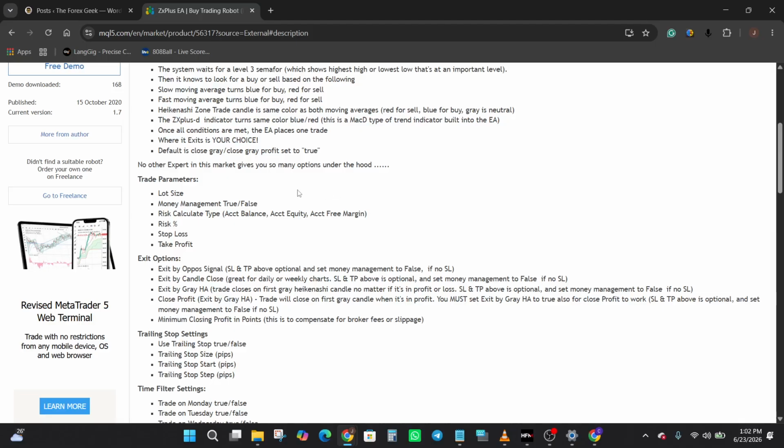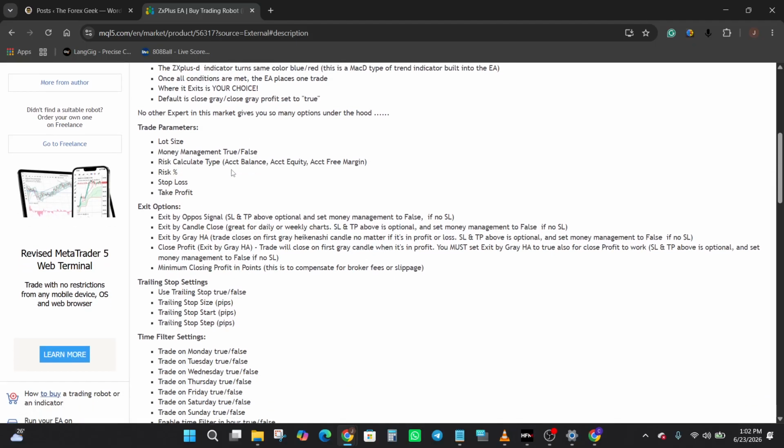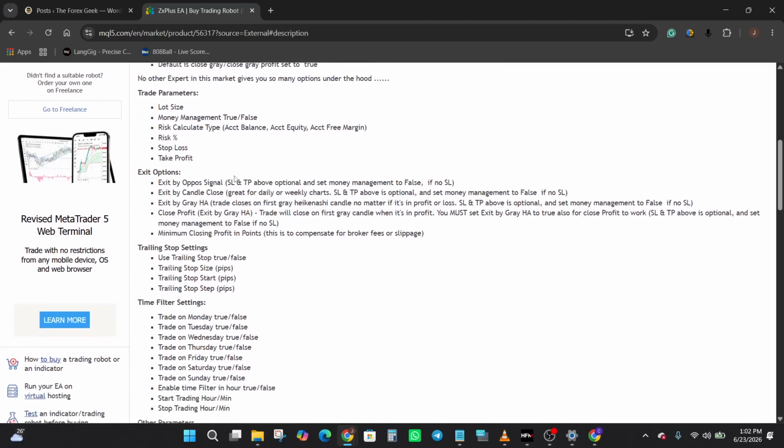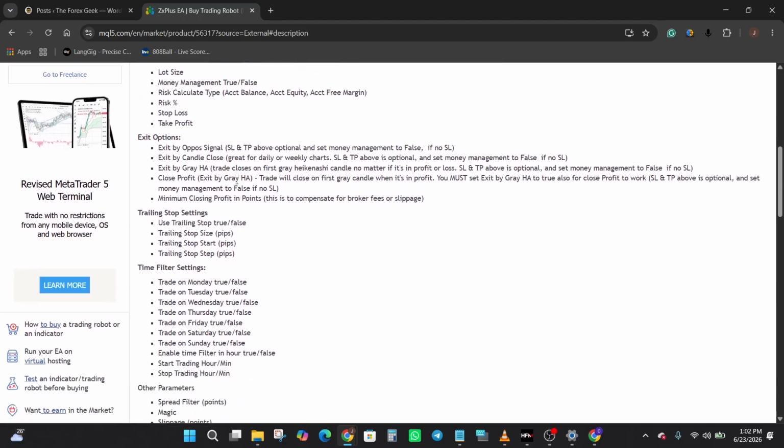The EA also includes stop loss and take profit controls, trailing stop functionality, break-even settings, maximum acceptable lot size restrictions, and minimum closing profit requirements. These settings give traders a significant amount of control over position management and risk exposure.